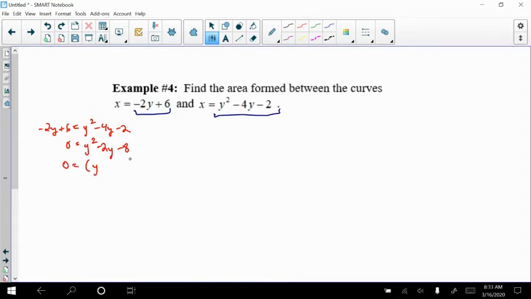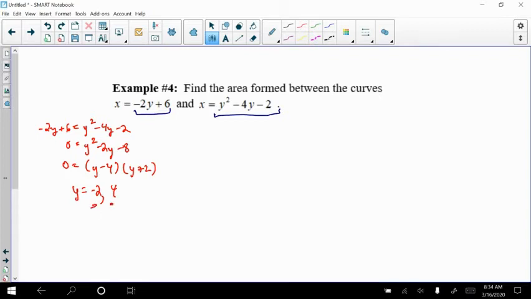If not, we can always complete the square, or worst case scenario, the quadratic formula. But here we go: (y minus 4)(y plus 2). So I get two values, y equals negative 2 and y equals 4. So at least I know my boundaries. Lowest boundary is negative 2, upper boundary is 4.